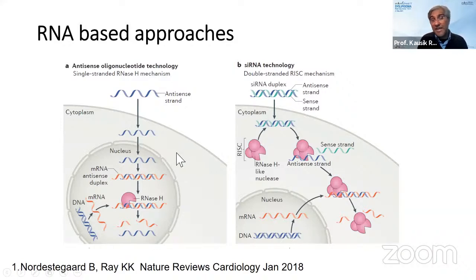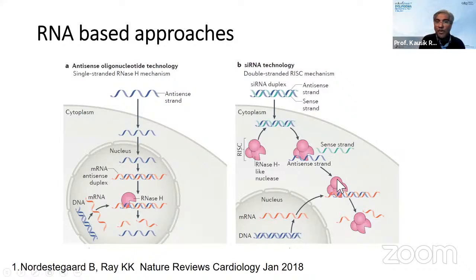So this is being tested for LPA lowering, but the downside of this is the dosing interval is probably going to be more frequent. It's monthly. This works inside the nucleus. It's a single strand of RNA that's matching like a Lego brick, matching the messenger RNA for the protein that you want to stop. And once found, an enzyme called RNase H breaks this down.